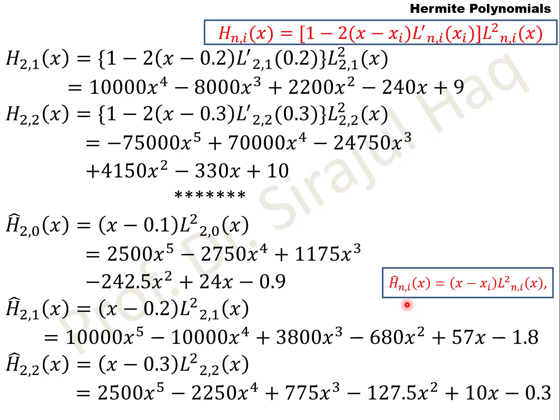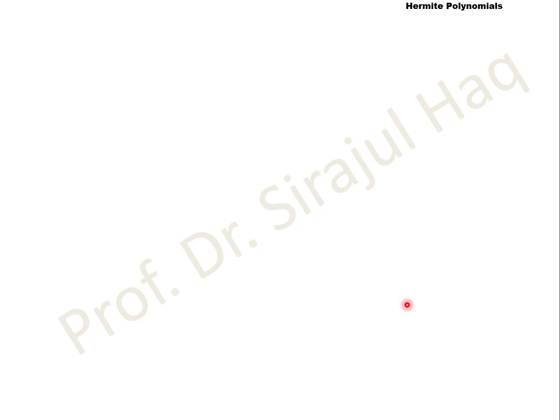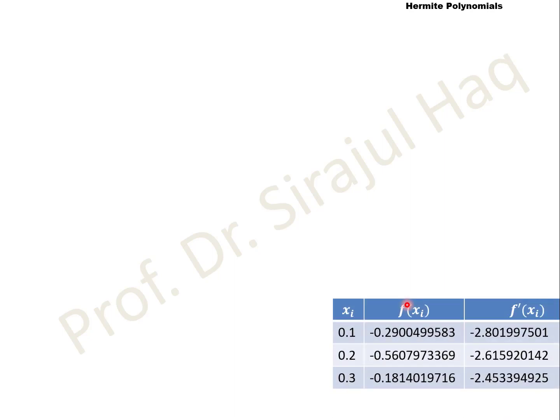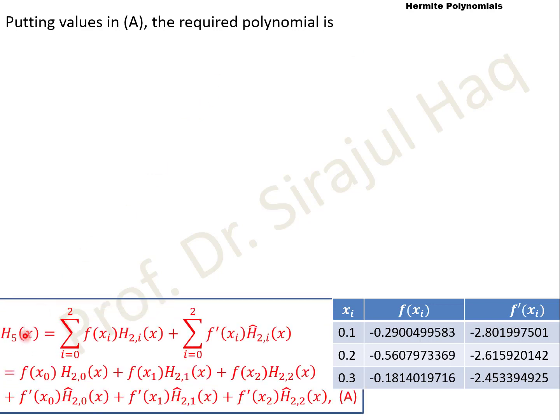So all the required values in the formula are known now. I reproduce the table, putting all the values which we computed in equation number 1. What is equation number 1? Equation number 1 is given by this relation.